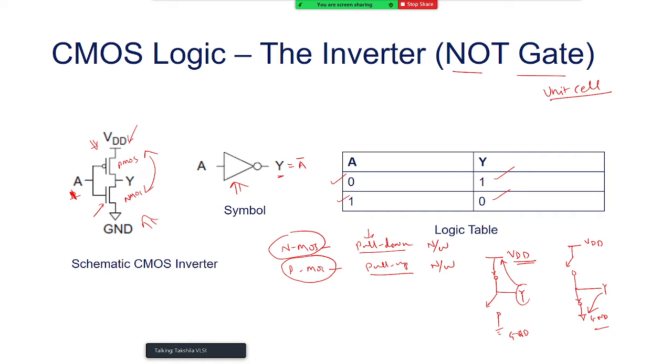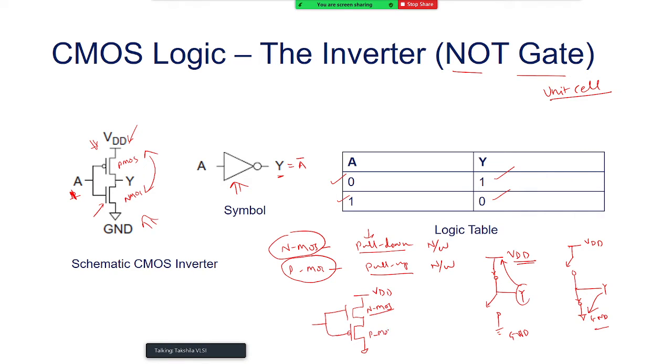For example, NMOS I take to the top and PMOS I take to the bottom. One of you submitted an assignment of the logic gates using NOR, NAND, where the person connected PMOS in the pull-down network fashion and NMOS in the pull-up network.